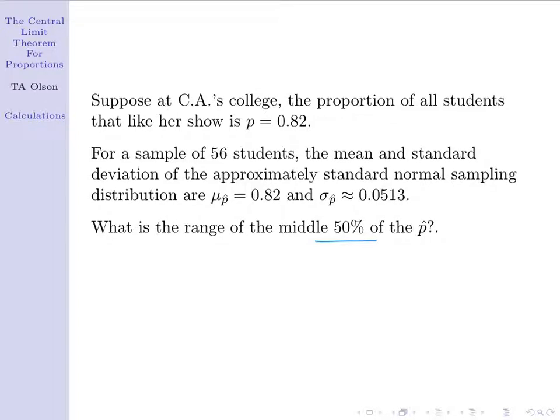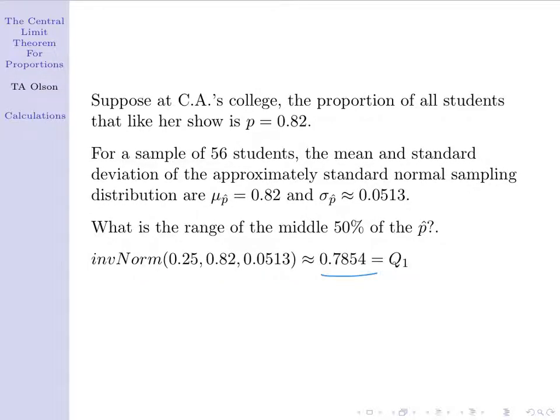We calculate this by doing an inverse norm. We want to find the proportions at the Q1 value and the Q3 value. So for the 25th percentile, do the inverse norm of 0.25 with our mean and our standard deviation, and we get 0.7854.